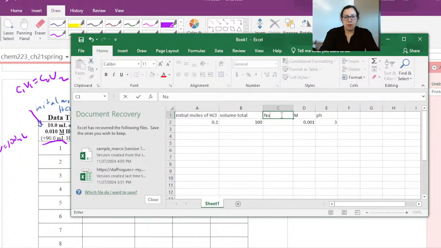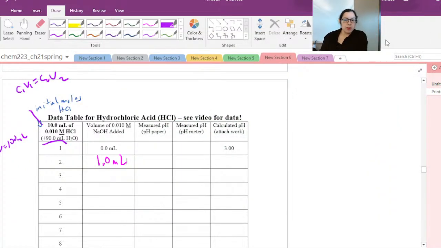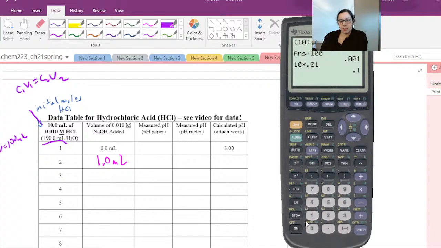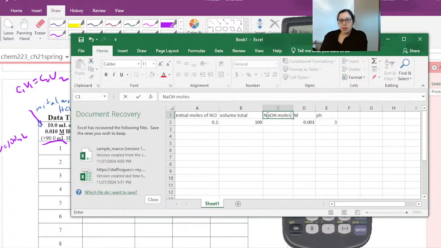And right, so then maybe you have a column for NaOH, either moles or however you want to calculate that, right? So I'll leave that up to you before, again, you watch me painfully do this. But essentially I would probably separate it out by like NaOH volume, NaOH moles, because right, you're going to need to also keep a running total of your volume.